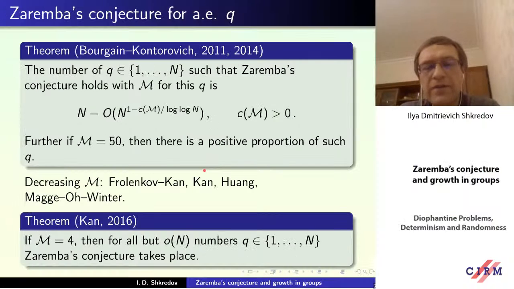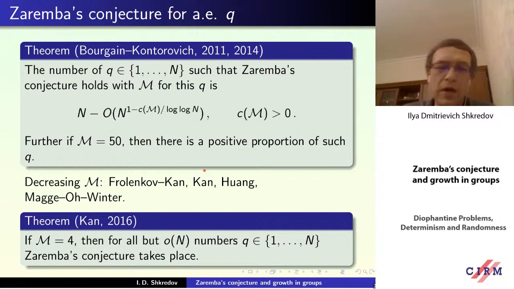After that, their results were improved and generalized by many other authors, and actually simplified by Khan and Frolenkov. They simplified not the whole paper, but some parts of it.